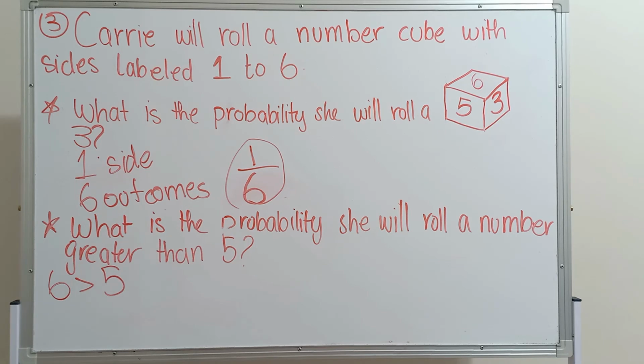So there is only one outcome they're asking for. In other words, it's basically what is the probability she will roll a 6. There are a total of 6 outcomes.